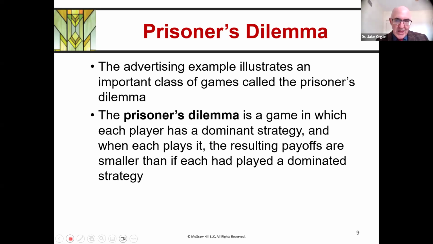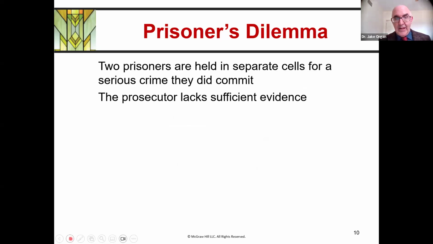So it's the right strategy for each player to play, but it actually works out in a lower payoff for both. That's why it's called a prisoner's dilemma, because it's the right thing for the prisoner to do, but it actually ends up in a bad place.